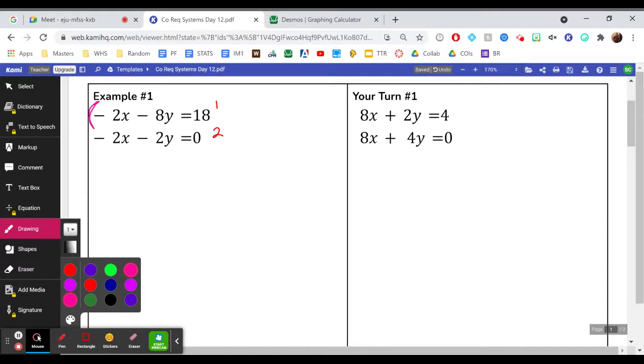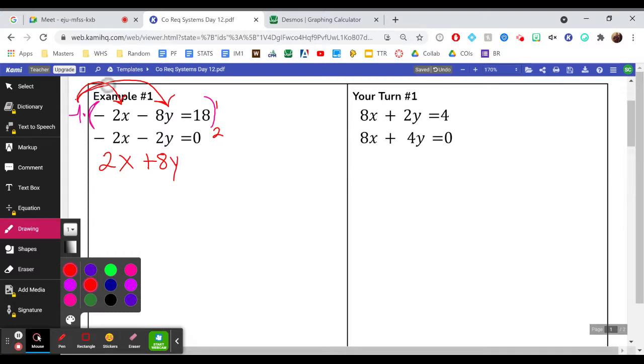So I'm going to multiply the top equation by -1. That means everything is going to be multiplied by -1. And when we are multiplying by -1, what we're really doing is changing the sign. So look, -1 multiplied by 2x gives -2x. -1 multiplied by -8y, the -8y becomes positive 8y because we're changing the sign.